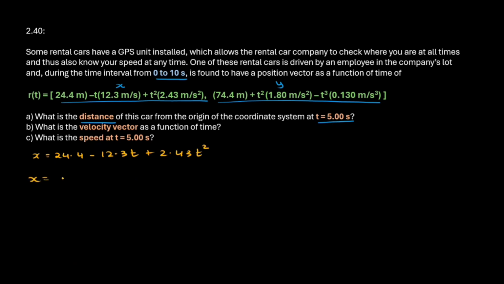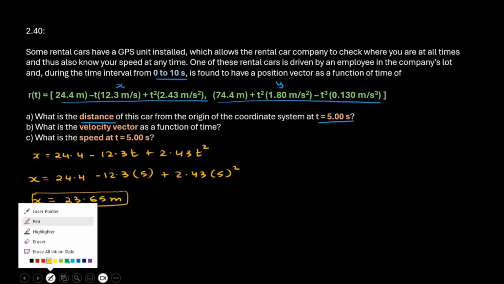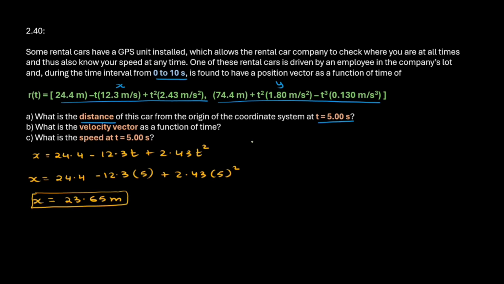So x will be equal to 24.4 minus 12.3 times 5 plus 2.43 times 5 squared. And when you solve this, you get the value of x to be equal to 23.65 meter.